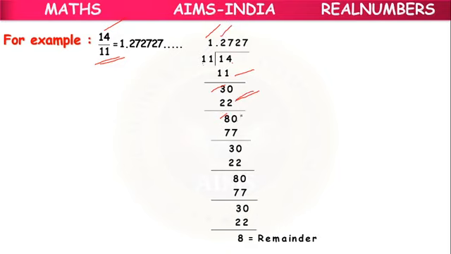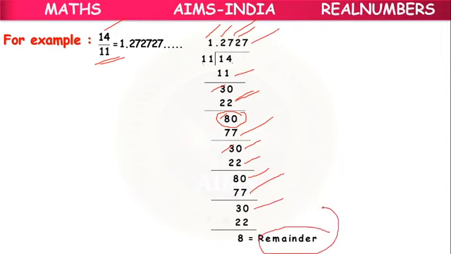We can take 0, 80 is coming. 11 7 times 77, 3 is remaining. We can take 0, 30. 11 2 times 22, again 8 is remaining, 80. 11 7 times 77, again 30. Like that, these decimal digits are repeating.